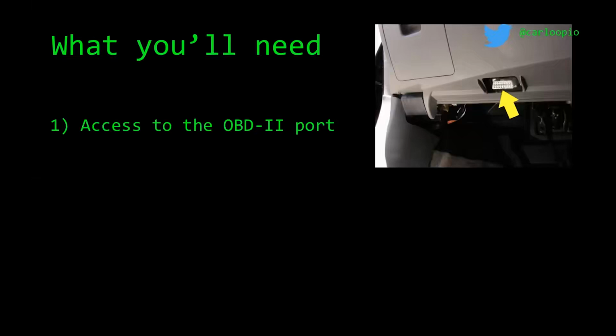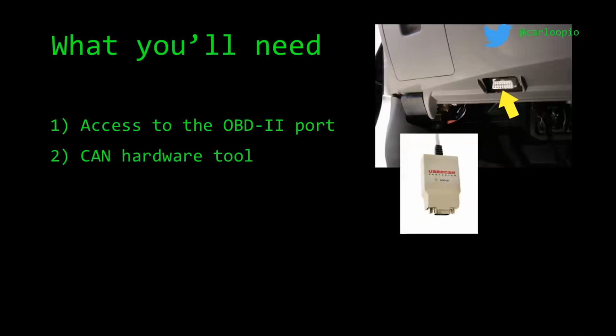So what's exciting about being able to access the OBD2 port is that once you can read data from it, you can write data very easily and control the car. It's completely unencrypted.